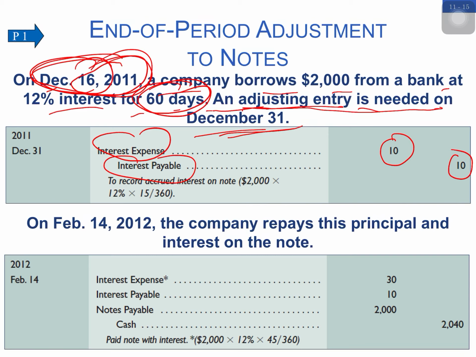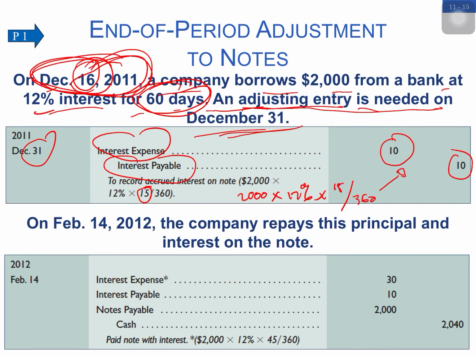How do you get the $10? Remember that you have a note payable of $2,000 at 12%, and from the 16th to the 31st it's 15 days. So 2,000 times 12% times 15 divided by 360, and then you get this number.